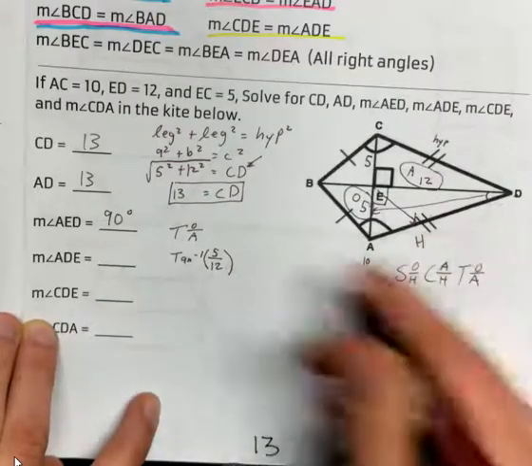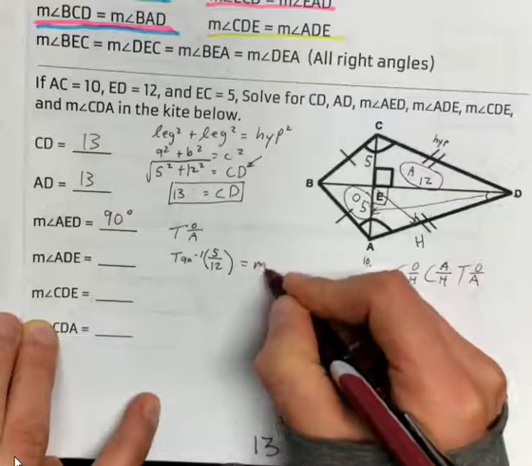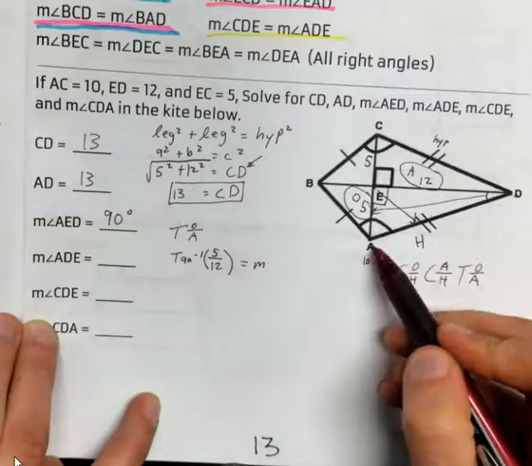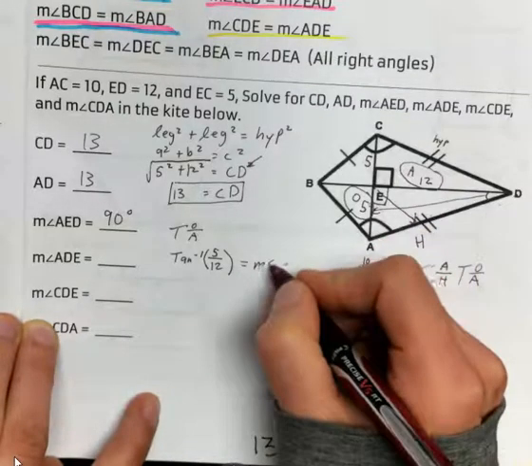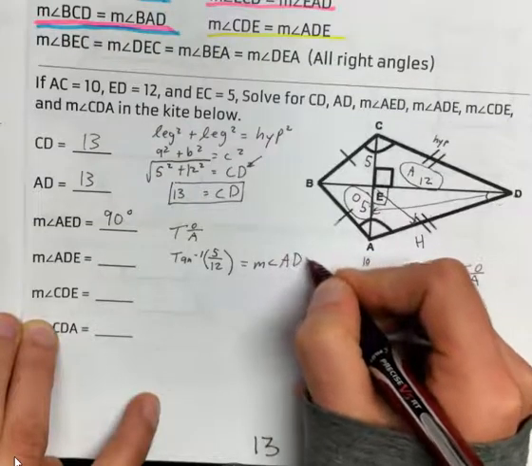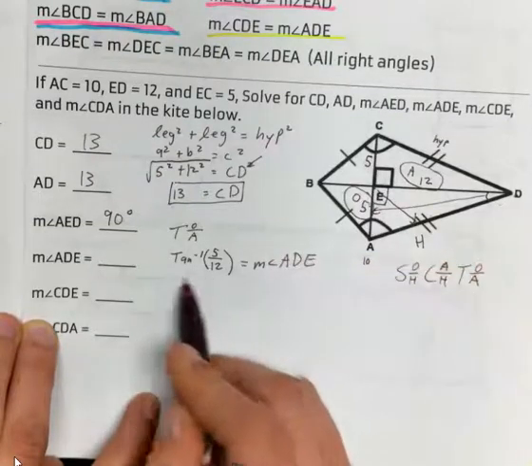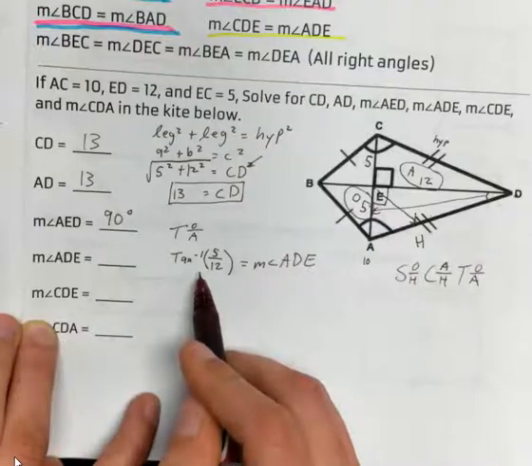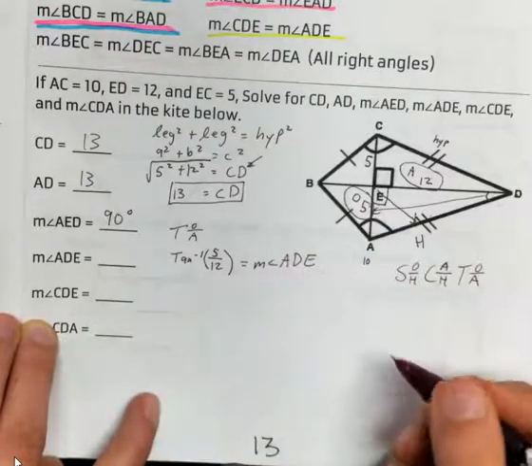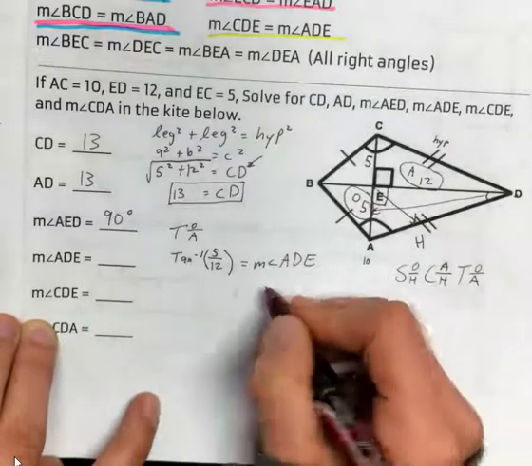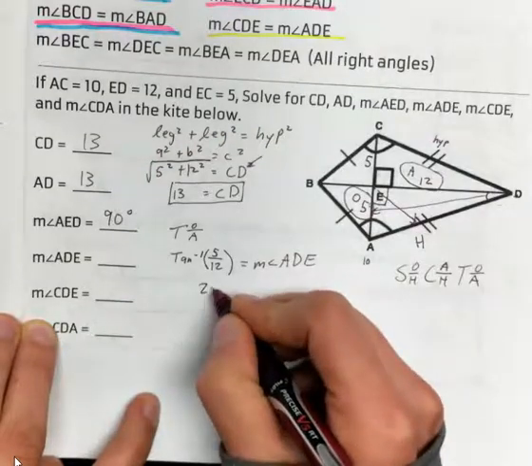Tangent inverse of that gives me my measure of that angle. So that was angle ADE, right? I'm going to plug this into the calculator, and then I get 23 degrees.